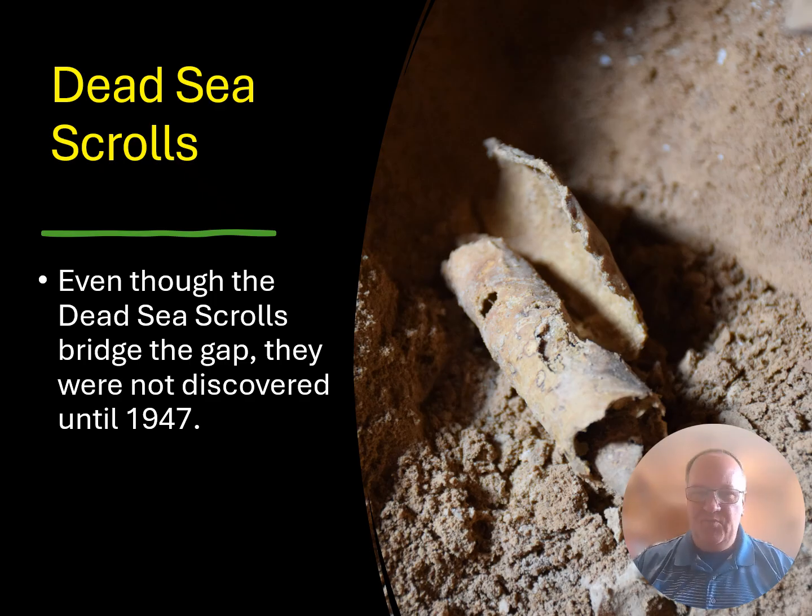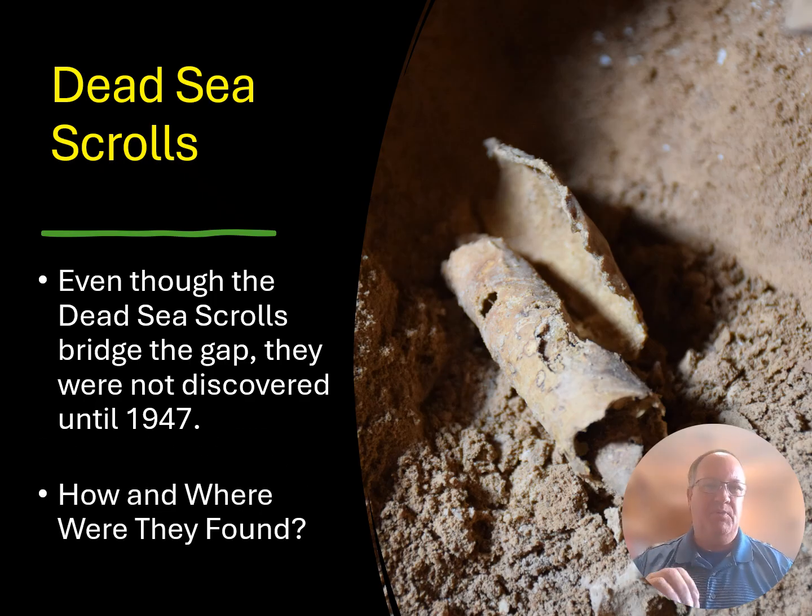What a significant find that was. And we're going to, in lesson number 5, dedicate our whole lesson to the Dead Sea Scrolls and their significance. But let me say this before we close lesson number 4, that going back to our scenario, 1940, could we use the Dead Sea Scrolls to make our copy of the Old Testament, to make our manuscript? And the answer is no. You say, well, they were found in 1947.